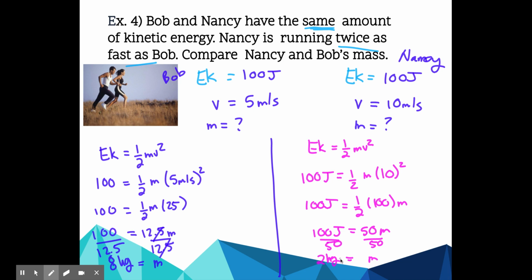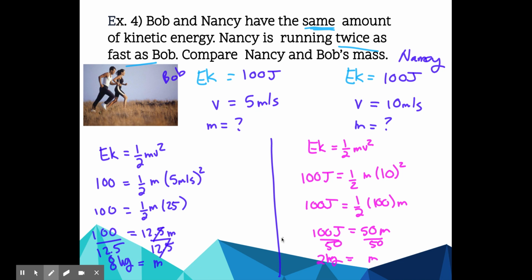Okay, thing is, some of you guys will stop here, but you're not actually comparing their masses here. If you picked other numbers, your masses would be different. So if I'm comparing them, well, Bob's is 8, Nancy's is 2. I know that's not realistic. It's just because of the numbers I picked.